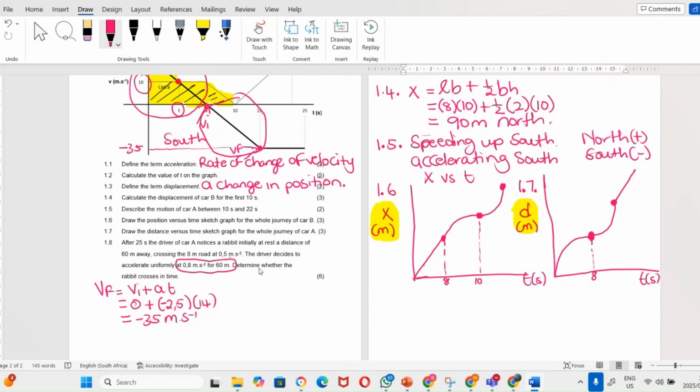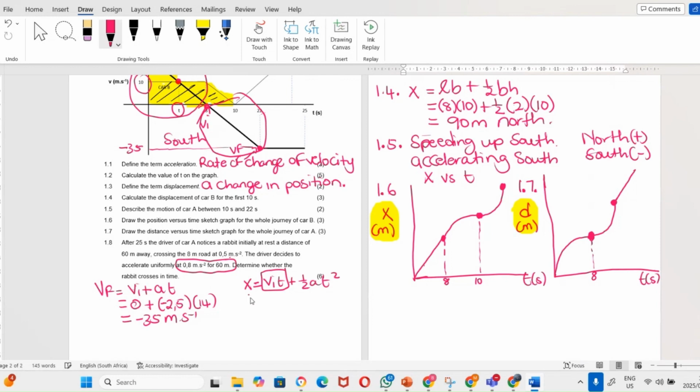Once you have that, you can then calculate the time it takes the rabbit to cross the road if the rabbit started at rest. You could use the formula x equals VIT plus a half AT squared, not forgetting that the rabbit started at rest, so we don't have to worry about that.